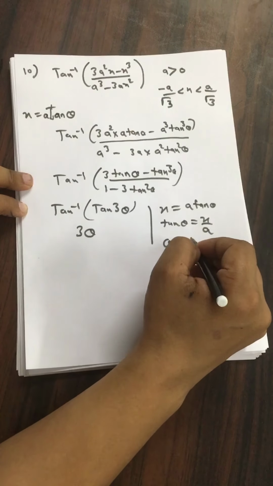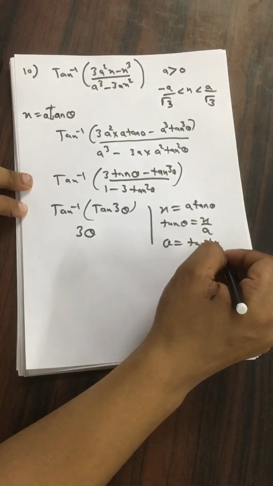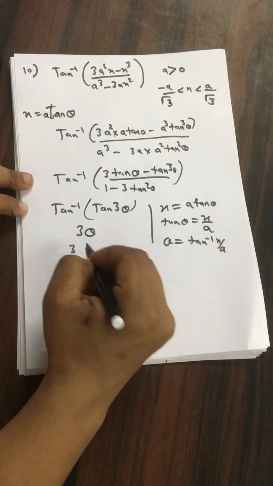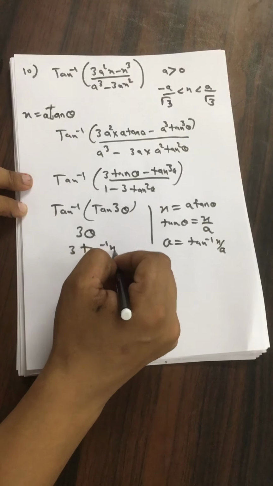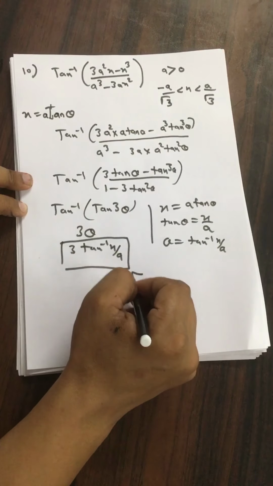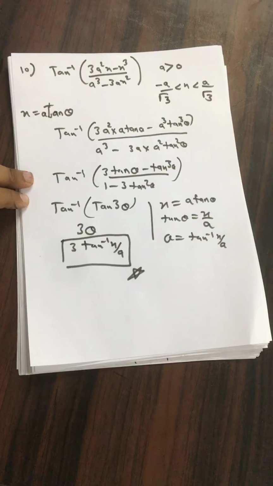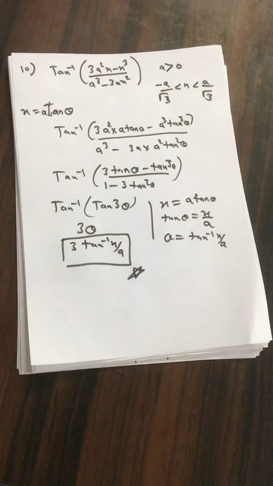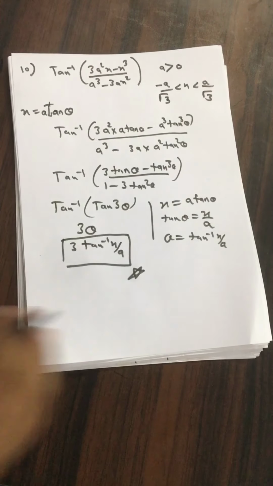So theta will be, as we have done in the first exercise, this transformation. So 3 tan inverse x by a. This is your final. Okay, I'm putting a star mark of happiness. Got it? It's quite simple. Just this substitution you have to remember.